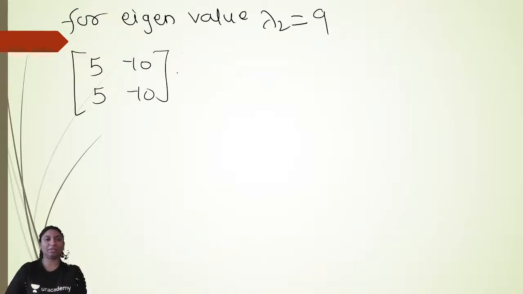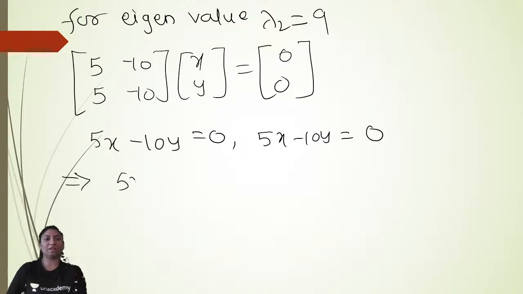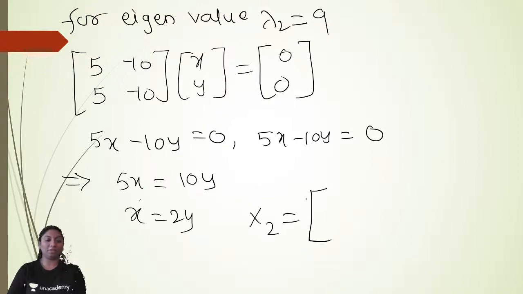Again you are getting the same equation, x y is equal to 0, 0. So from this matrix we are getting 5x minus 10y is equal to 0, and again 5x minus 10y is equal to 0, which implies 5x is equal to 10y. So x is equal to 2y. So the eigenvector is x2 is equal to 2, 1 for lambda 2 is equal to 9. These are the eigenvectors corresponding to the eigenvalues lambda 1 and lambda 2.